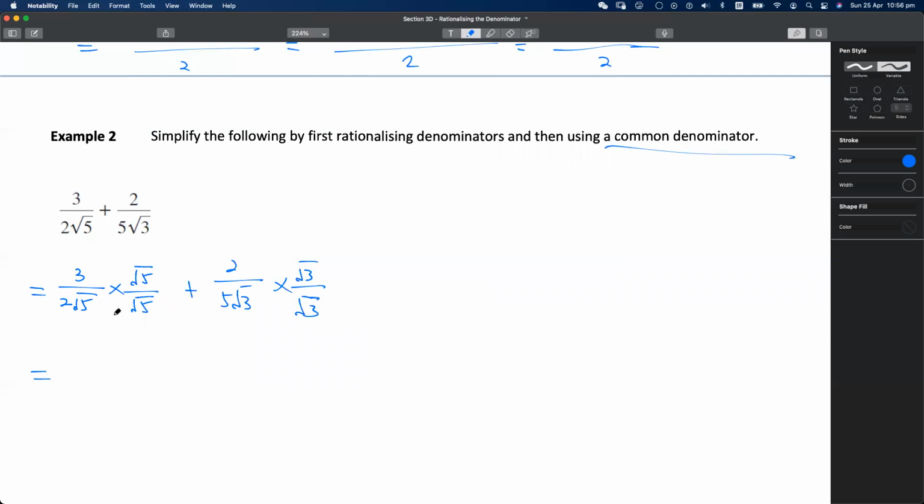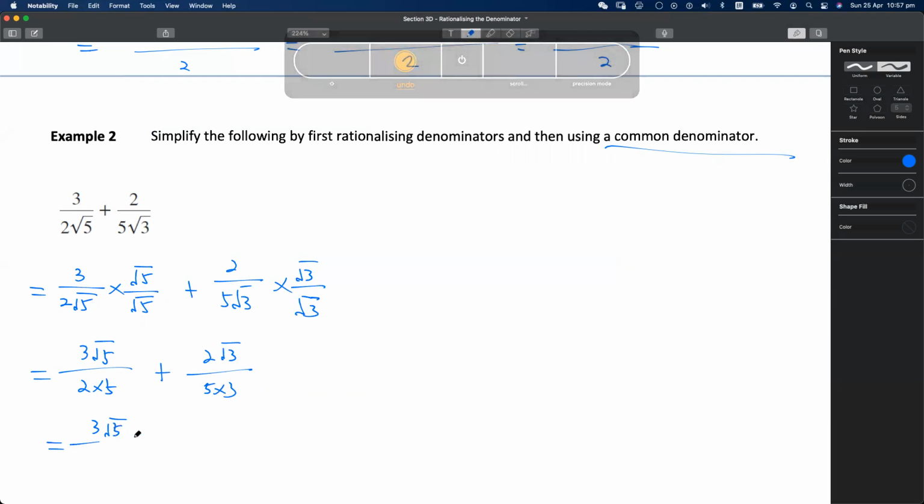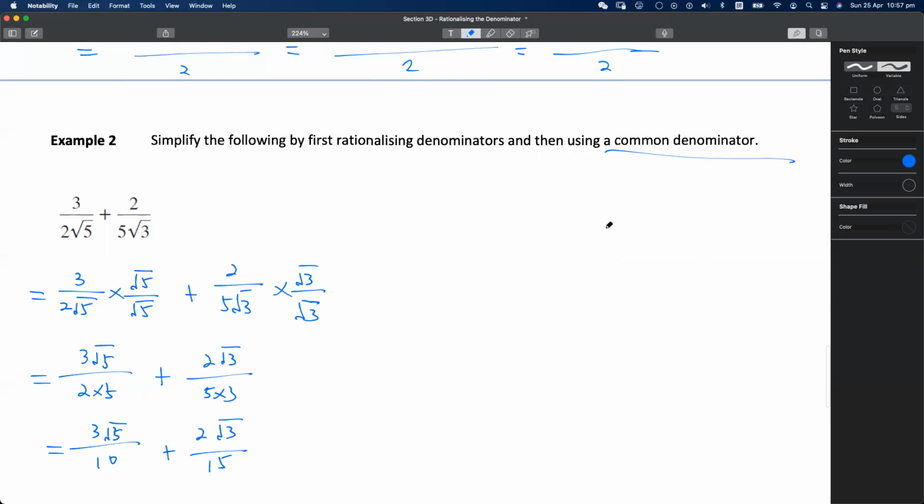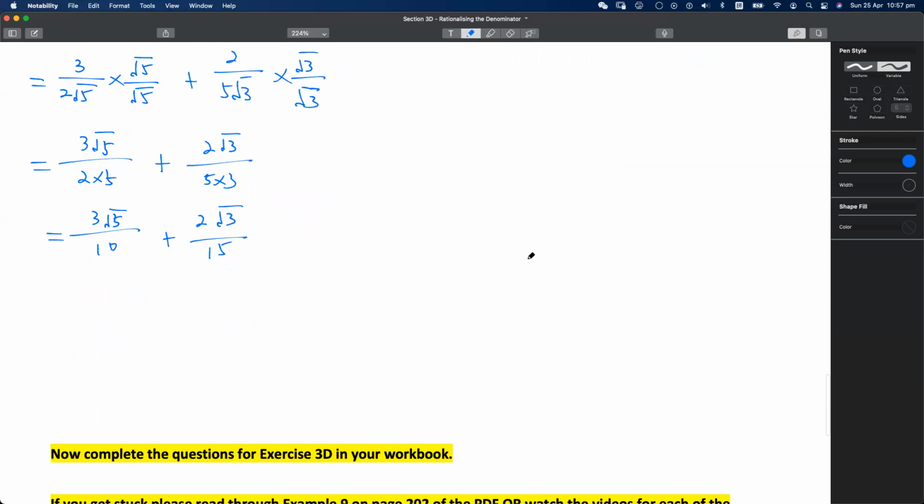Now we've got 3 root 5 over 2 times root 5 times root 5, which is 2 times 5, plus 2 root 3 on the top and on the bottom 5 times root 3 times root 3, which is 3. So I've got, sorry, 3 root 5 over 10 plus 2 root 3 over 15. Now we use a common denominator.